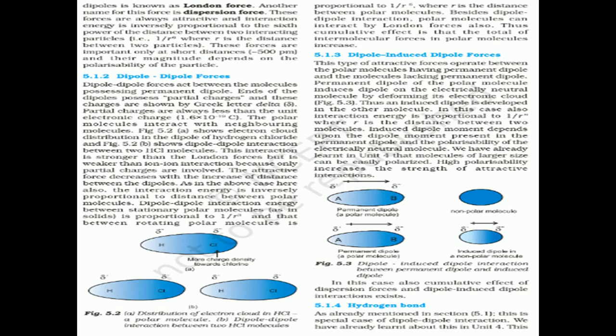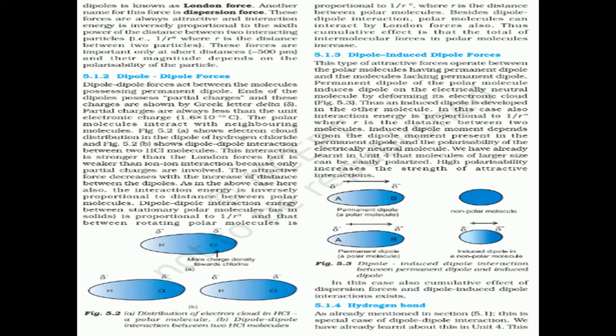Now for example, the dipole-dipole interactions between hydrogen chloride molecules are shown in the figure, where there is a delta positive and delta negative. This distribution of electron cloud in HCl, that is HCl is a polar molecule, shows dipole-dipole interaction between two HCl molecules.